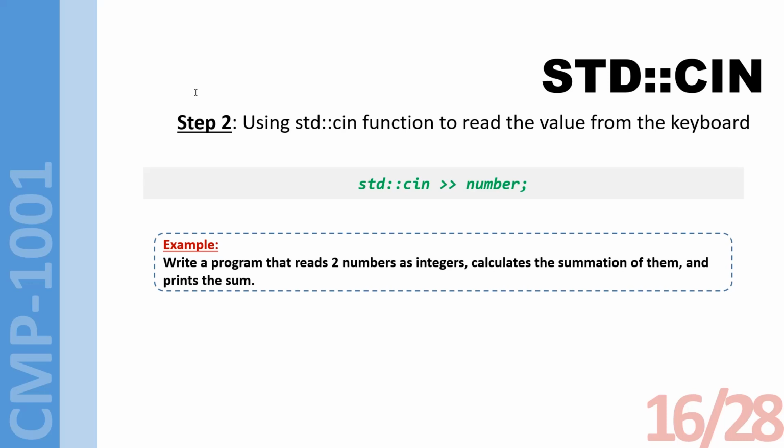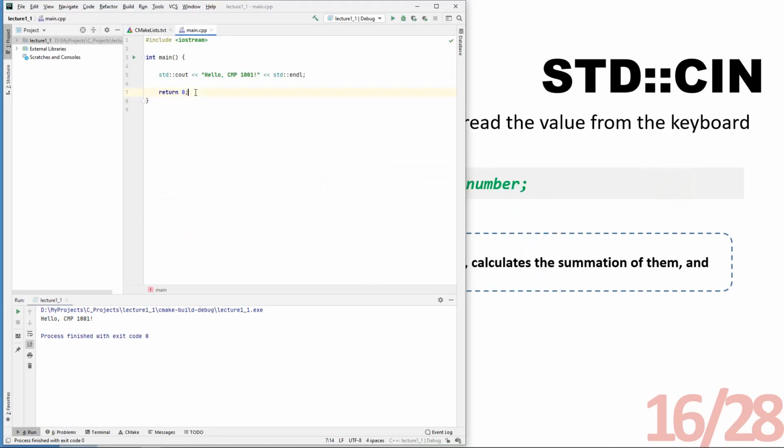Okay, based on this input, let's have another example. Write a program that reads two numbers as integers, calculates the summation of them, and prints the summation of these two numbers. Let me clear this thing out. So I need three variables here. One variable for the first number, a second variable for the second number, and a third variable just to keep the summation.